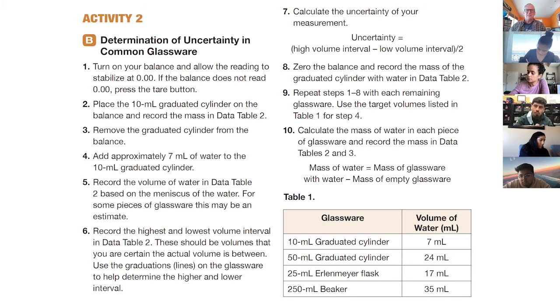So how are we going to know what the density is? Why do we need a thermometer? There's a thermometer in this particular lab. Why do we need it? To see what the volume is at a certain temperature, because water has a density of 1 at like room temperature, something like that? Right.